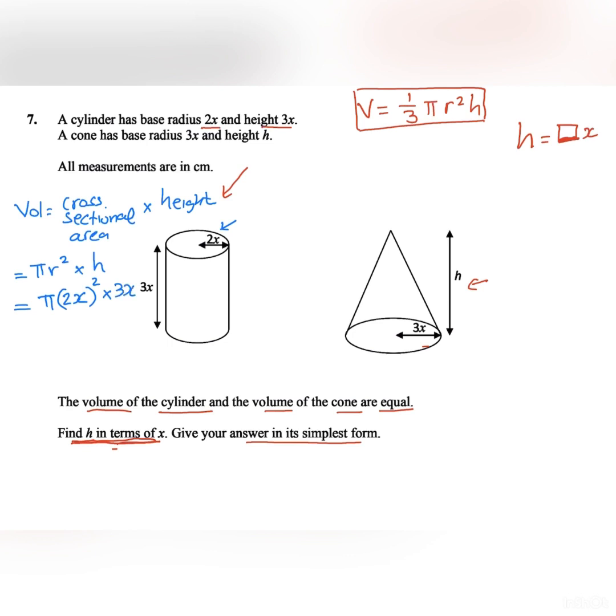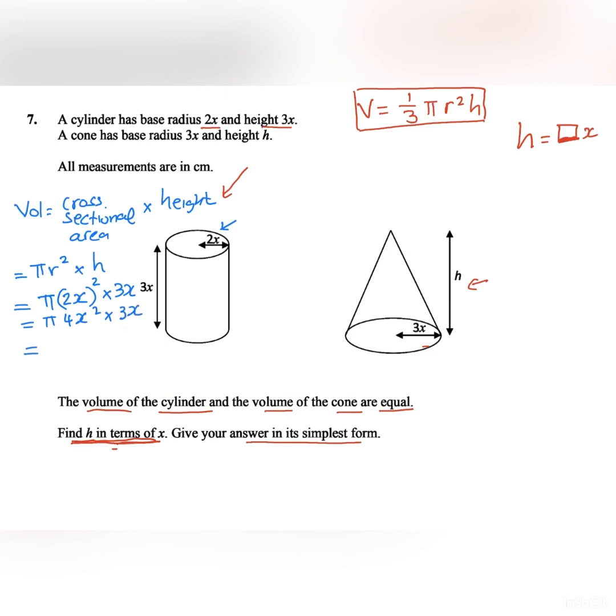Now simplifying this, we have pi, and squaring 2x is going to give us 4x squared, and we have times by 3x.